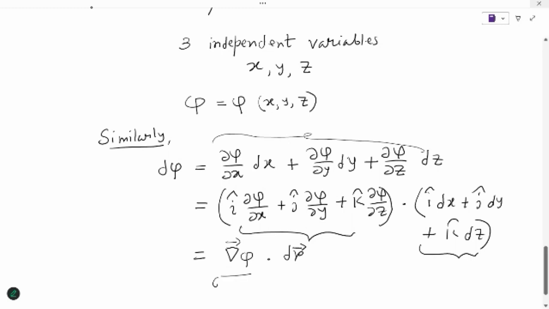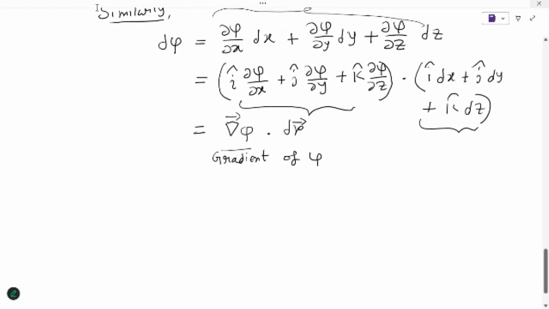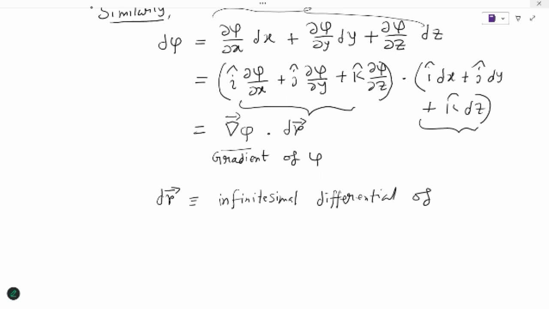This is known as gradient of phi, and this dr is the infinitesimal differential of r. So we have defined what a gradient is.